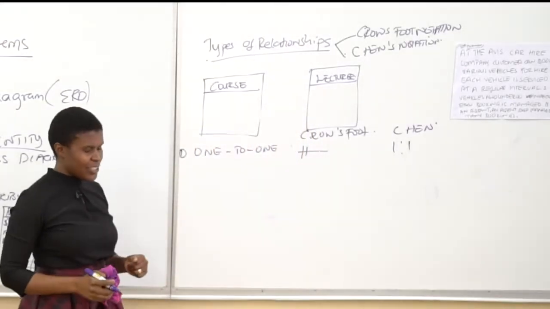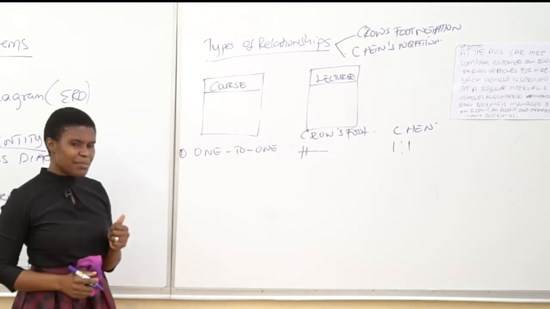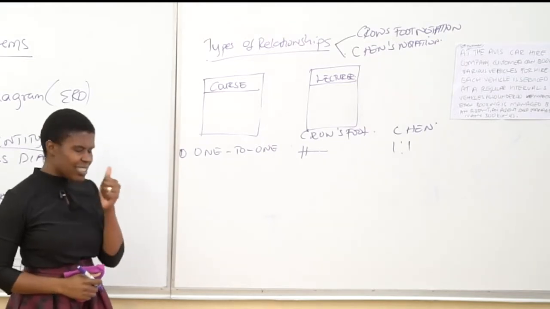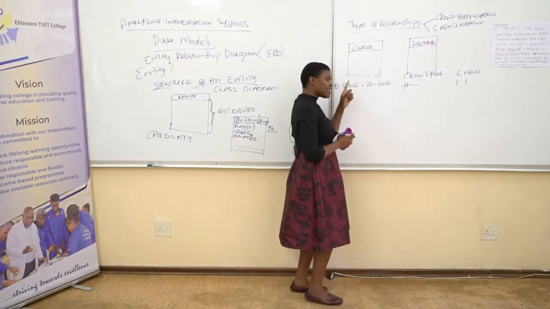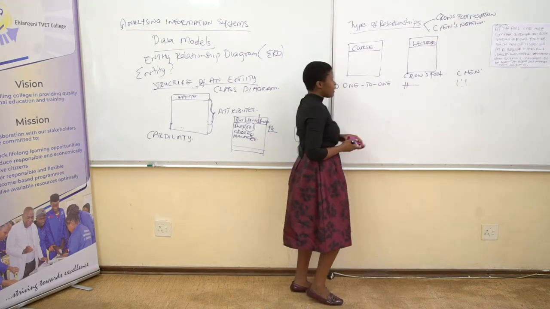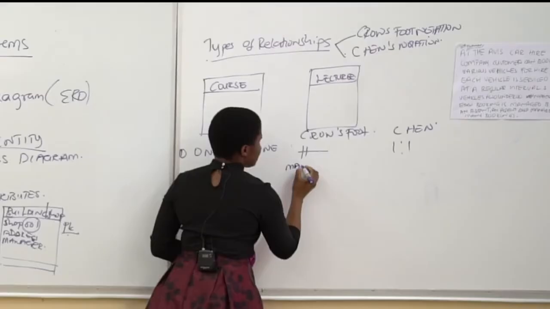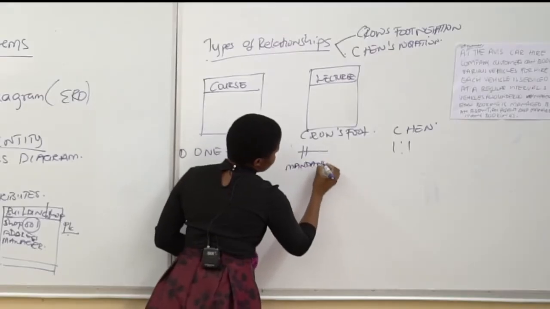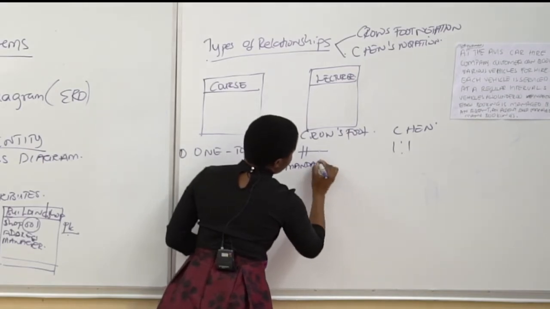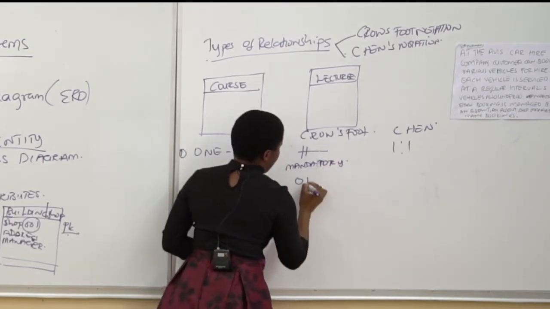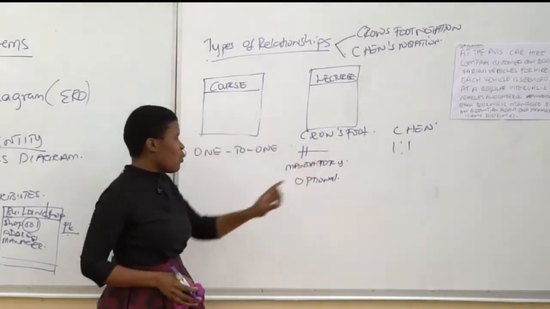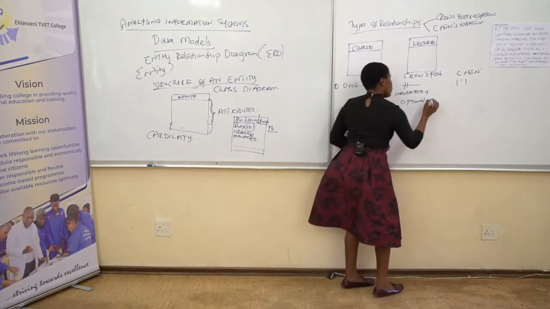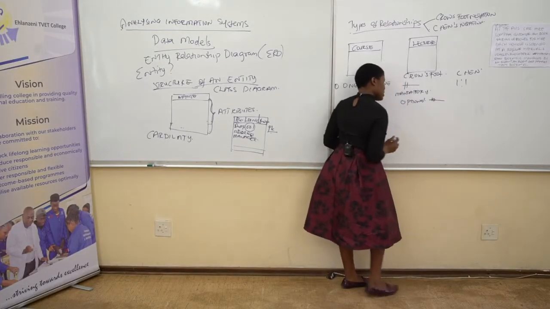That's a one-to-one relationship. Relationships are either mandatory or optional. You have to choose your relationship according to the statement that is given. If we are going to take a mandatory relationship, with a crow's foot, when it's optional, we are going to have a 1 and a 0.